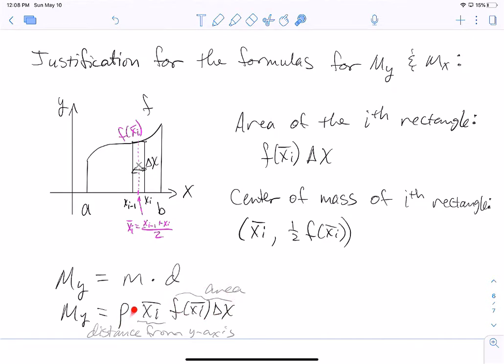The area times the density gives us our mass, and then the distance portion is our x sub i bar.